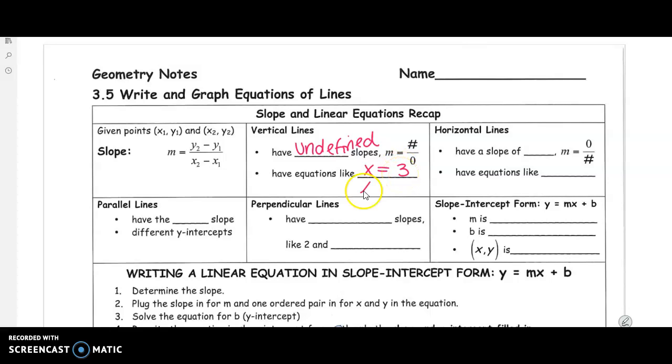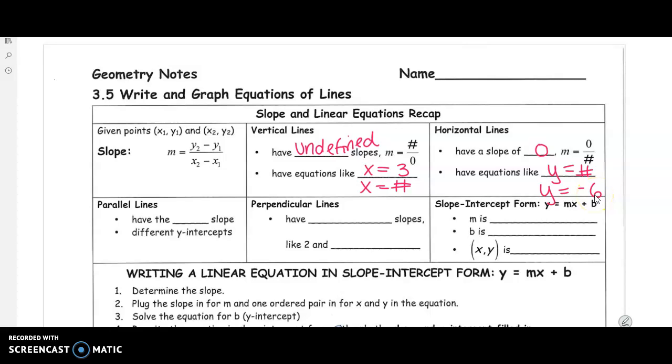In general, it would be x equals a number. Horizontal lines have a slope of 0. When you solve your equation, you get 0 over a number. They have equations like y equals a number, where y equals -6 is an example.